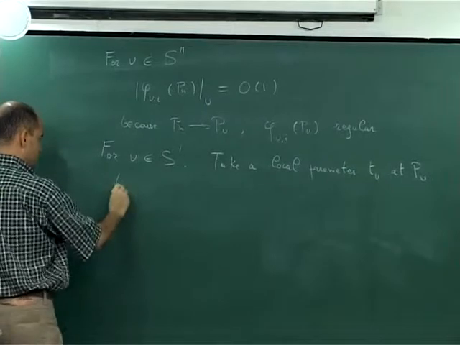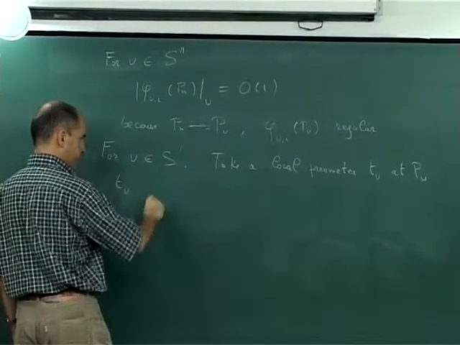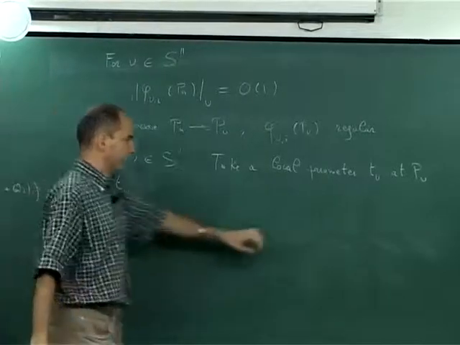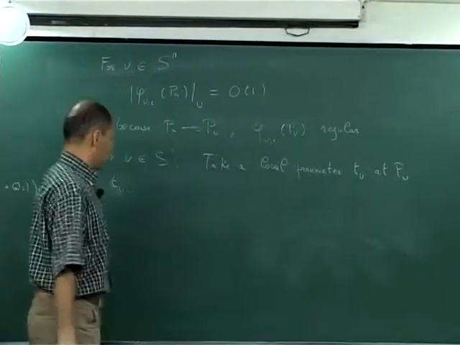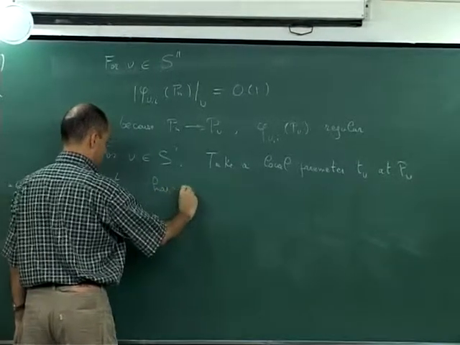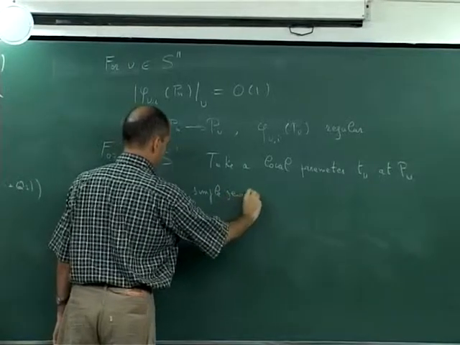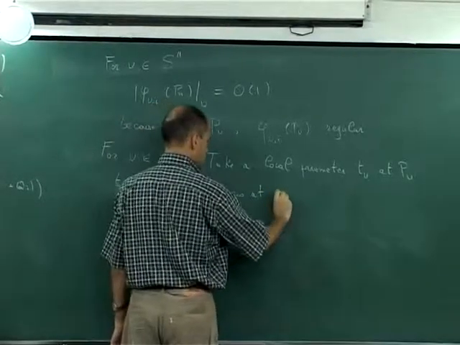So T nu is a regular function in a neighborhood of P nu with a simple zero at P nu.